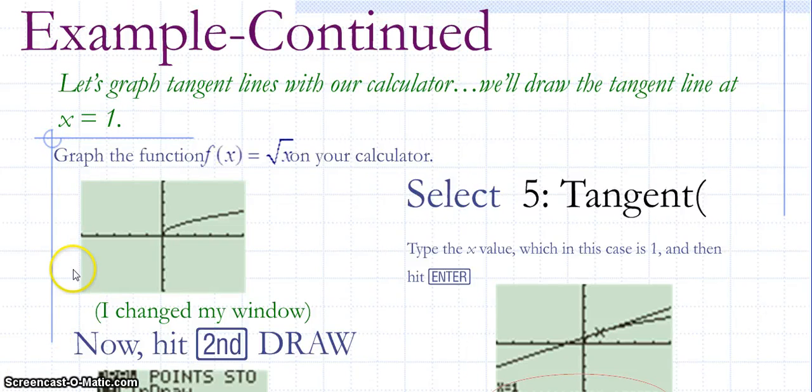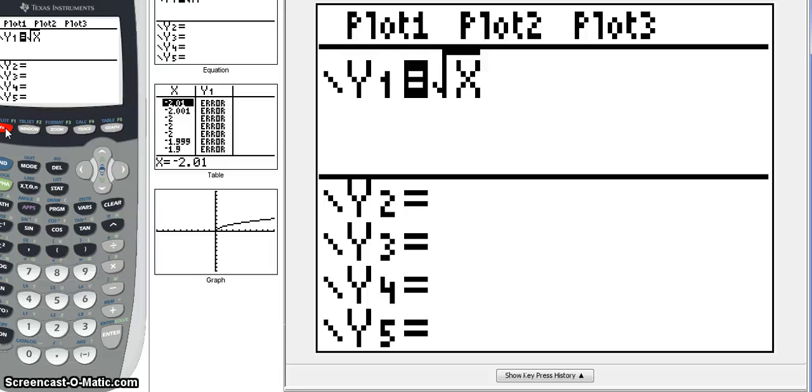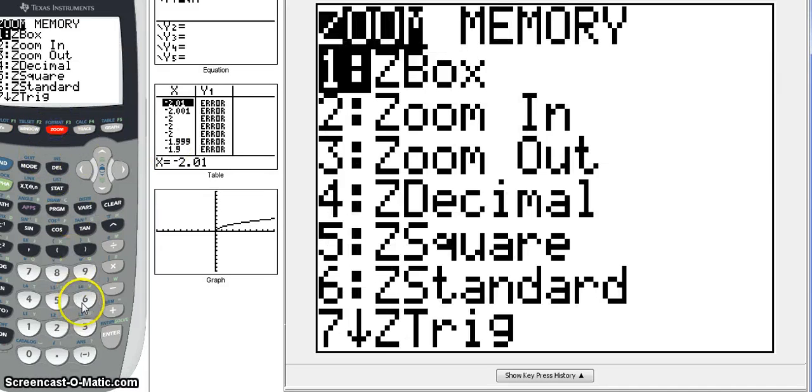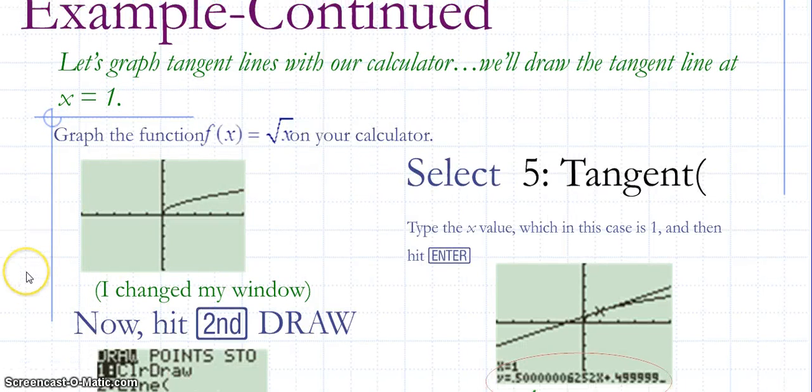So if we take the same example that we had before, and we go to our calculator, I already put it in here, but we're going to graph the square root of x. So I put in y1, the square root of x, I did zoom standard, and I see my square root graph. Now, if you look, I have directions here.